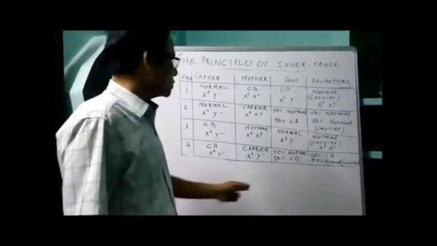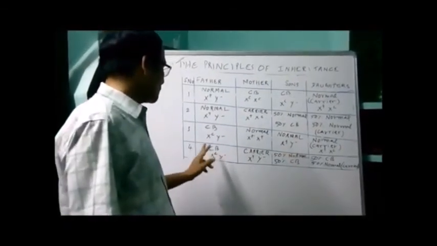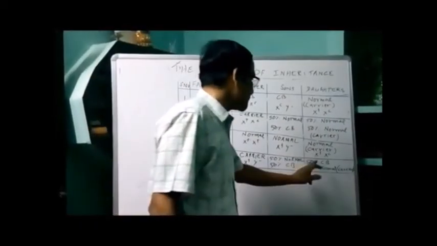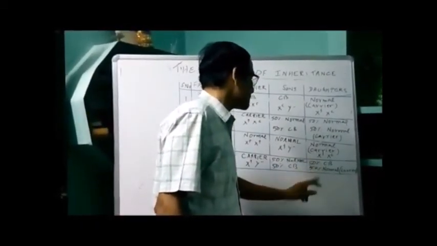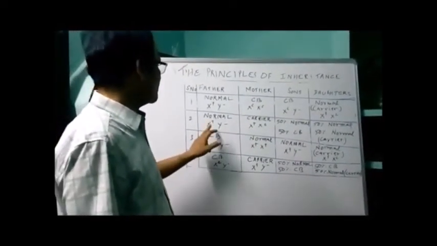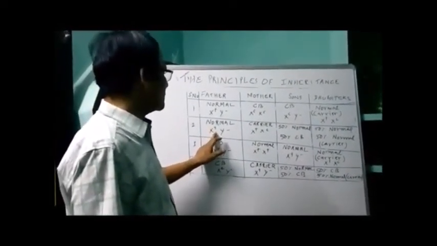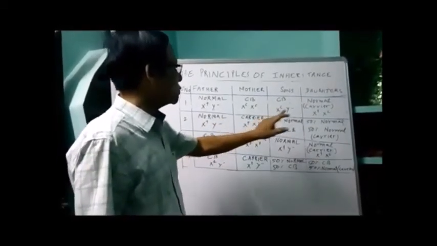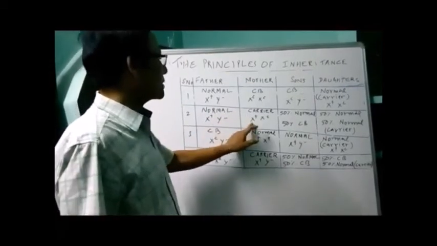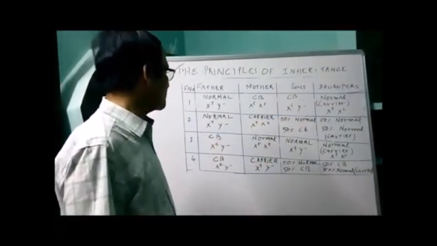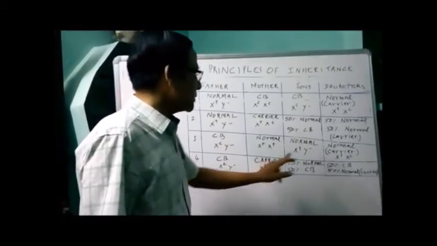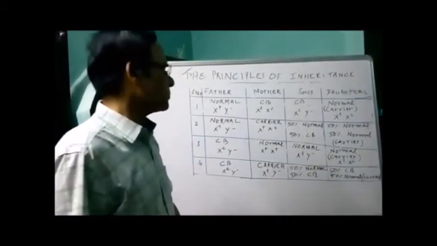To know the daughters in that instance, once the father is colorblind, there is a 50% chance of colorblindness and 50% normal but carrier among the females. Again, once the father is normal and the mother is a carrier, look at the father to know the daughters: all the daughters are normal. When the father is colorblind and the mother is a carrier, 50% of the daughters would be colorblind.